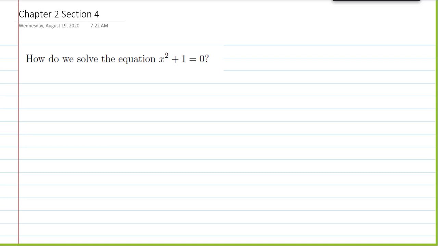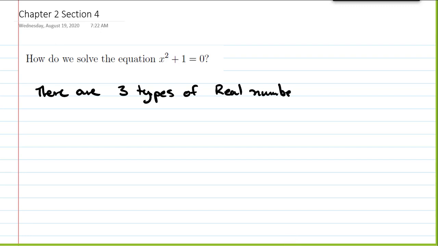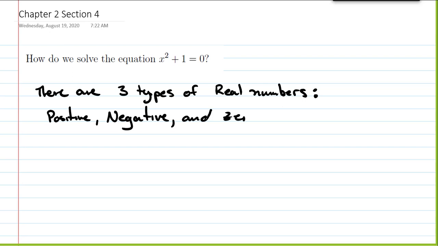So the first thing we know is that there are three types of real numbers. And those three types are positive, and then there's negative numbers, and then lastly, the guy in the middle, which is 0.